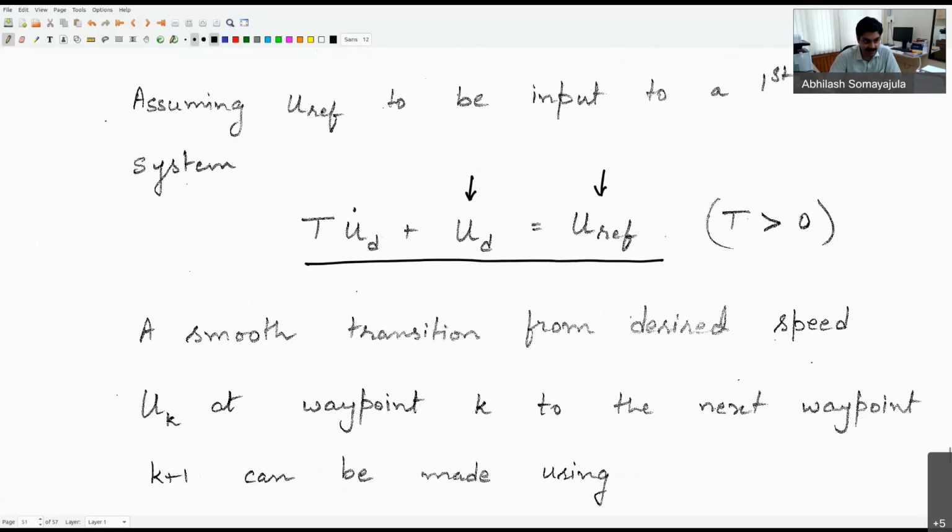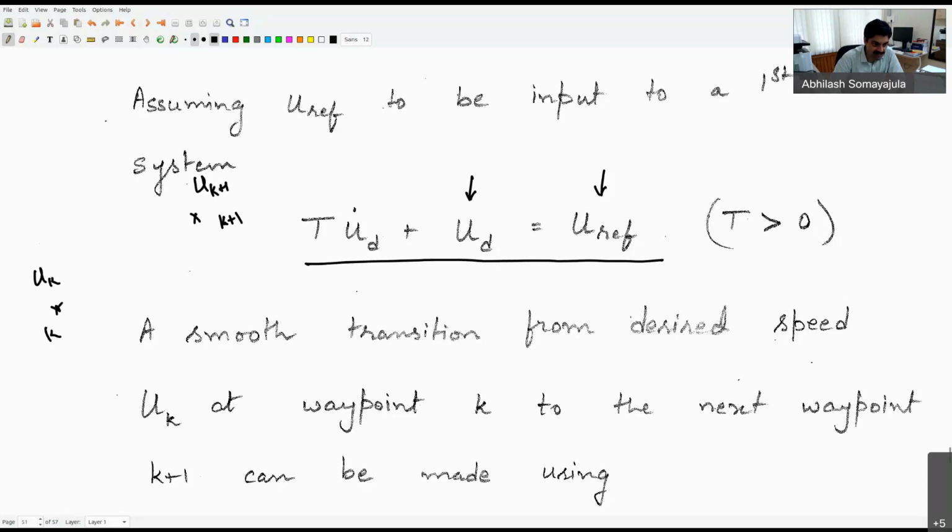So let's say that I'm starting from waypoint k and I'm going to waypoint k plus 1. At this point, my speed is, let's say, uk. And at this point, I want my speed to be uk plus 1.